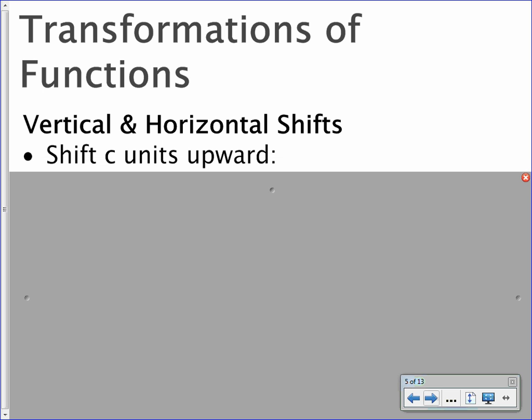If I want to shift C units up, okay, so we're going to have a function. How do I shift up? Yes, we add C to the end of our function.